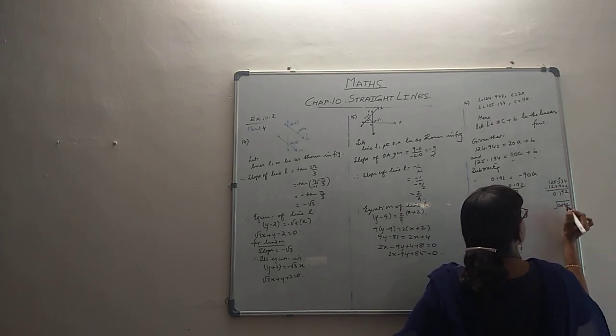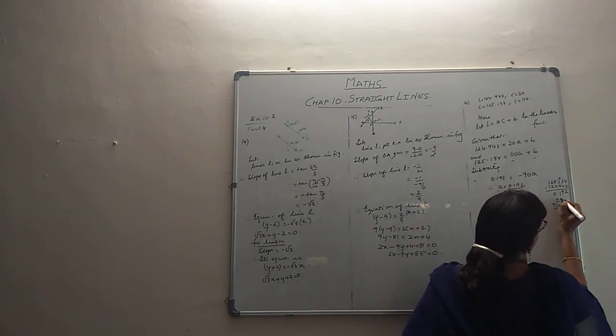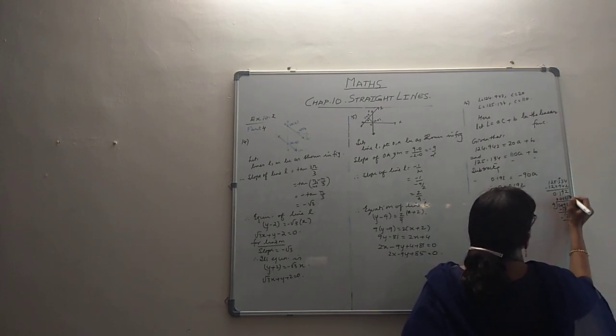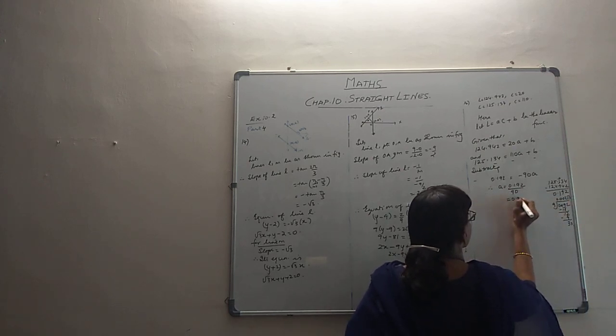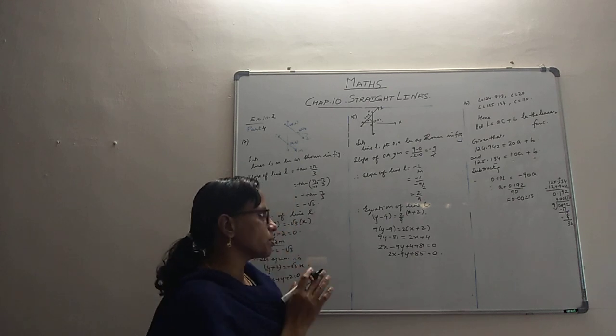So how much will come? 0.00213, and it's continuing. We couldn't get a proper answer, so we have stopped at a certain stage.